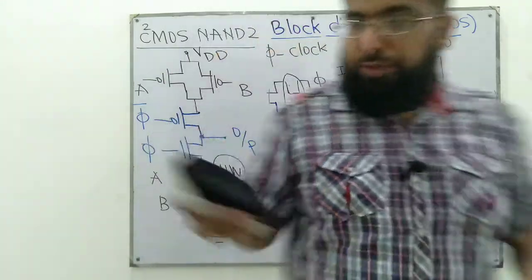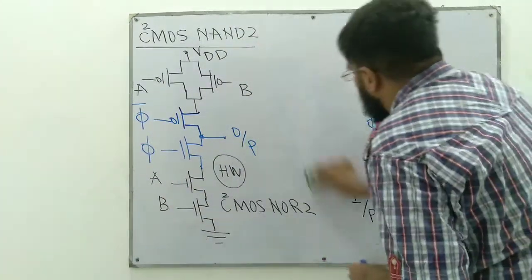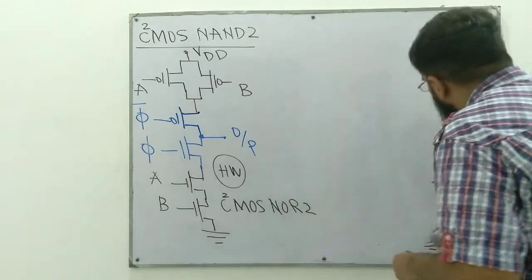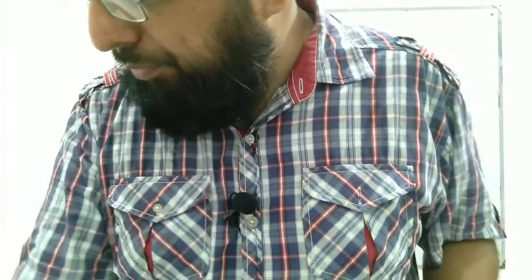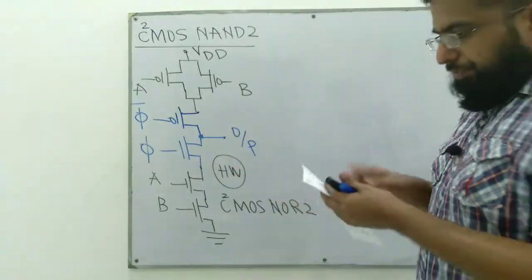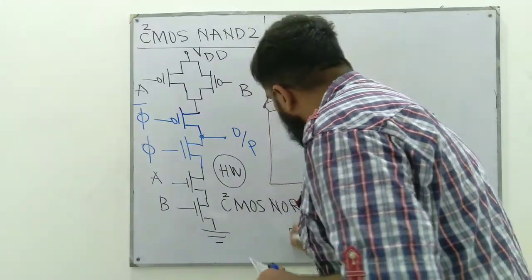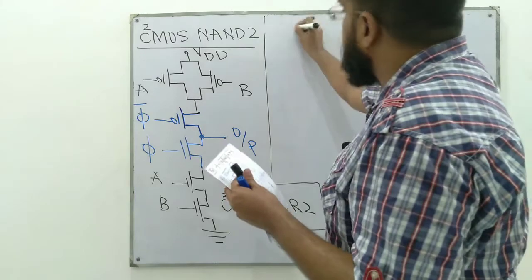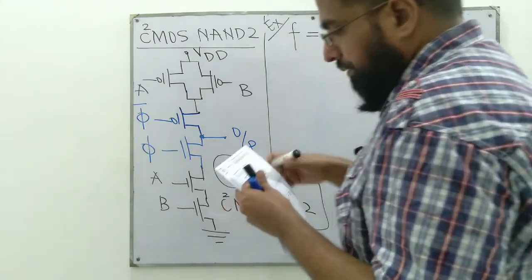Right, before we conclude this lecture, we are going to solve another example. We are going to implement a Boolean expression with the help of C2MOS, the C2MOS version of this Boolean expression. This is an example.